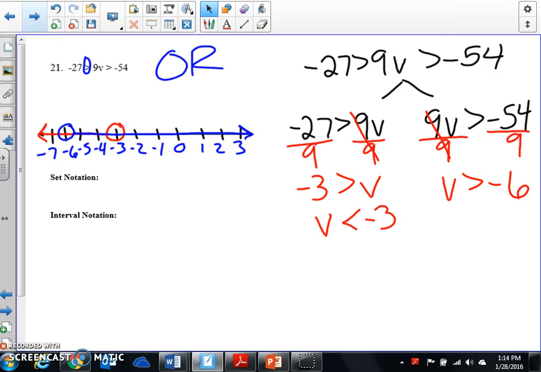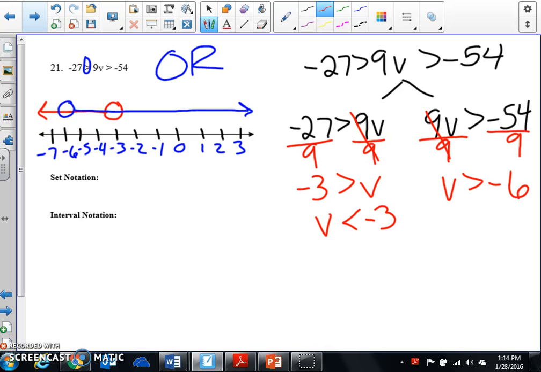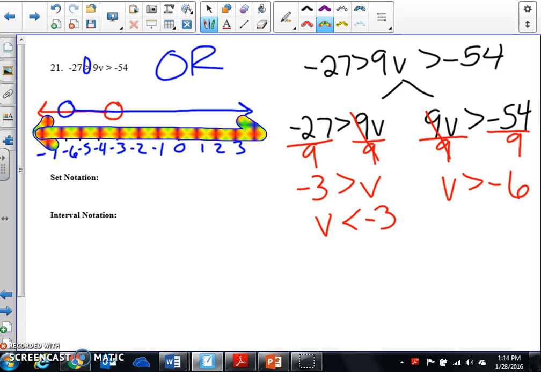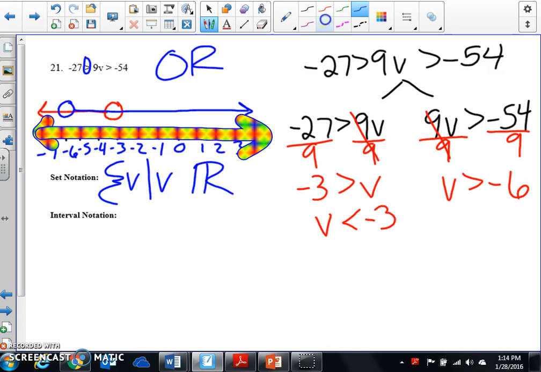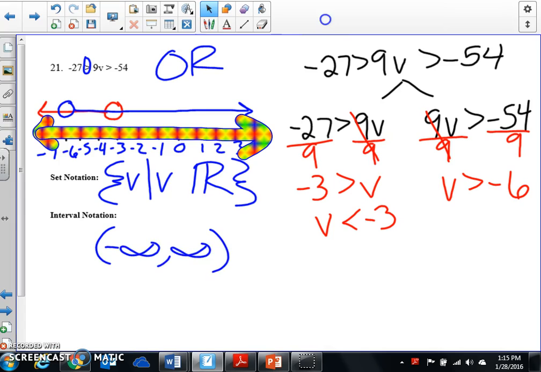Remember, this is an or, so any of those are possible solutions, which means that the entire number line is my solution. Therefore, for set notation, I would say x for all real numbers, and then all negative infinity and positive infinity numbers.